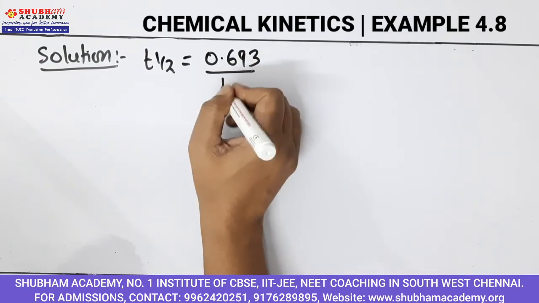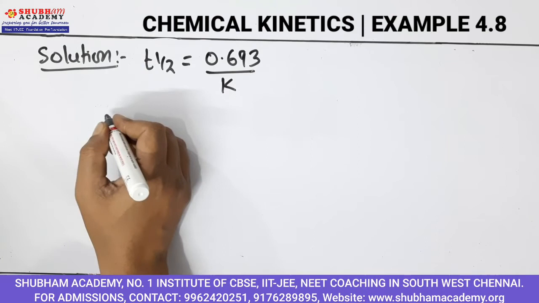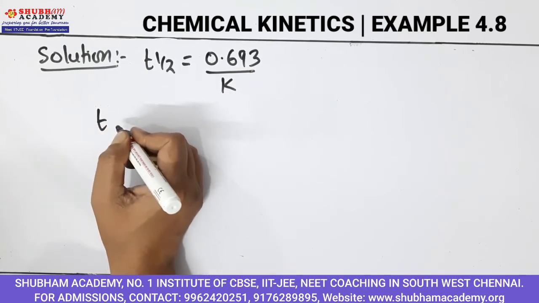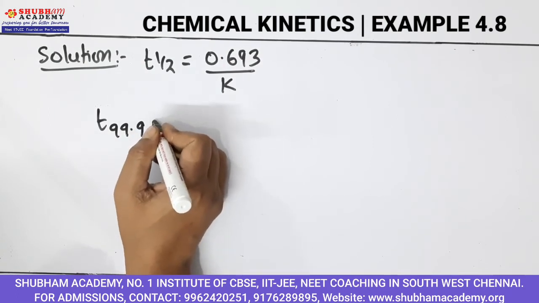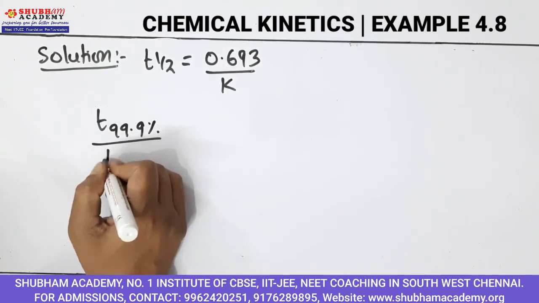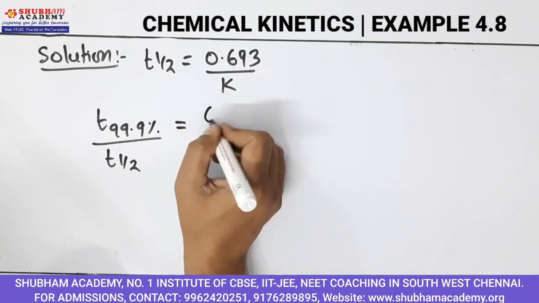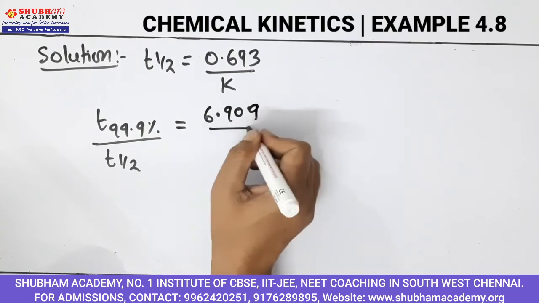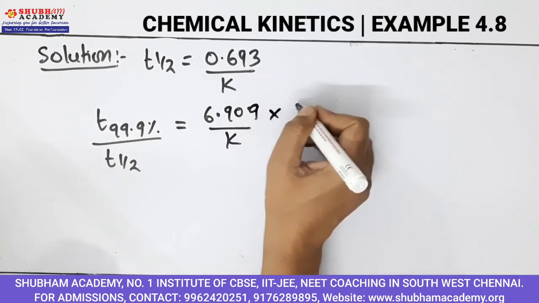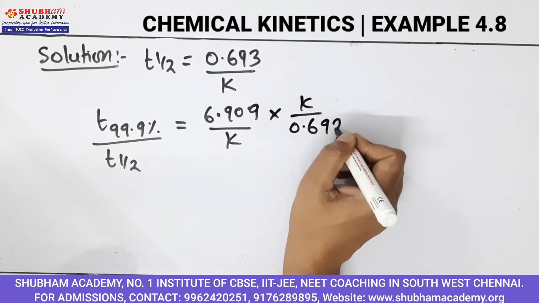Now we know that T half is equal to 0.693 by K, right? So what we'll do, we'll divide T 99.9% by T half. So T 99.9% by T half is equal to 6.909 by K into K by 0.693.